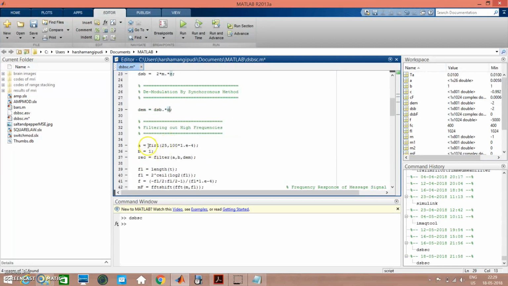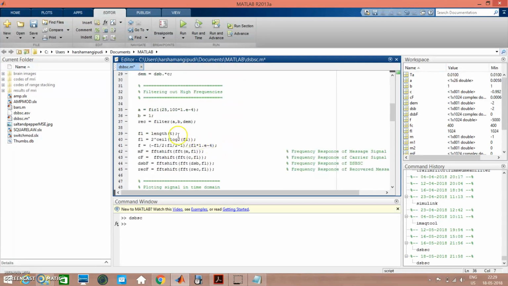Here I have defined the filter with a window, starting with FIR1, 25 comma 100 into 10 power minus 4, similarly up to 1. These are the limits of the filter band for the demodulation.